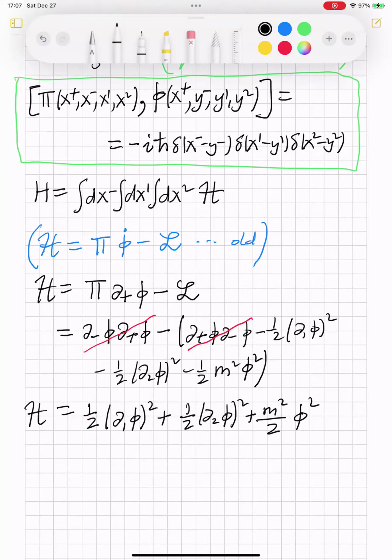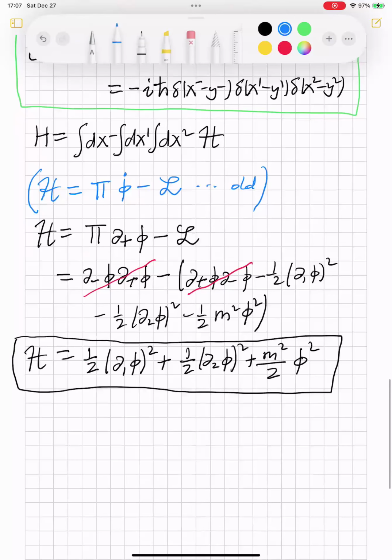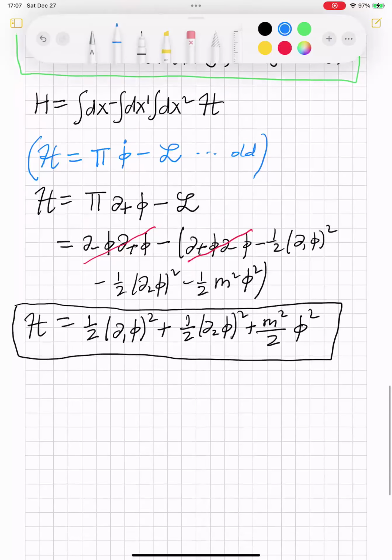Now, this is a pretty interesting formula, and at first sight, you may have been a little puzzled. So let me just record here the expression that we would usually have for the Hamiltonian density. We would have had 1 half pi squared plus 1 half gradient of phi dotted into the gradient of phi plus m squared over 2 phi squared.